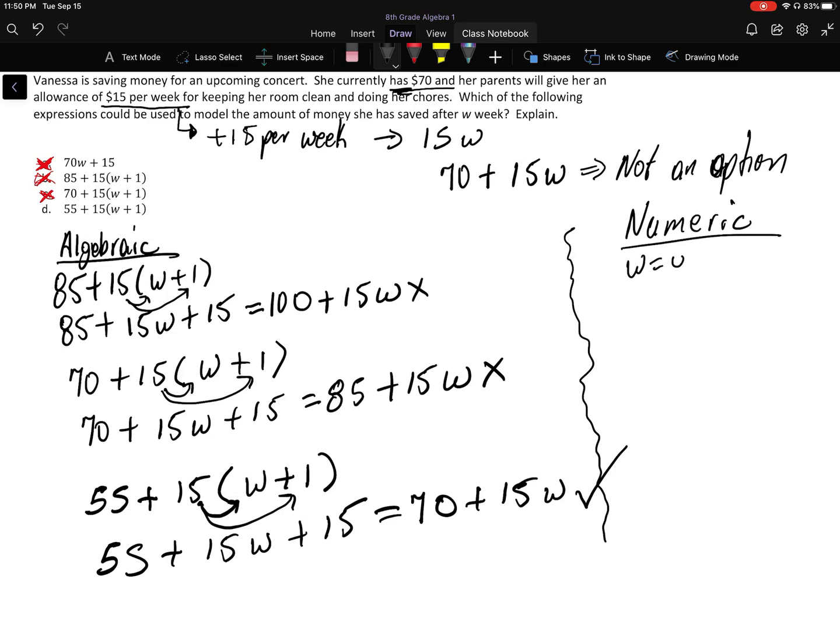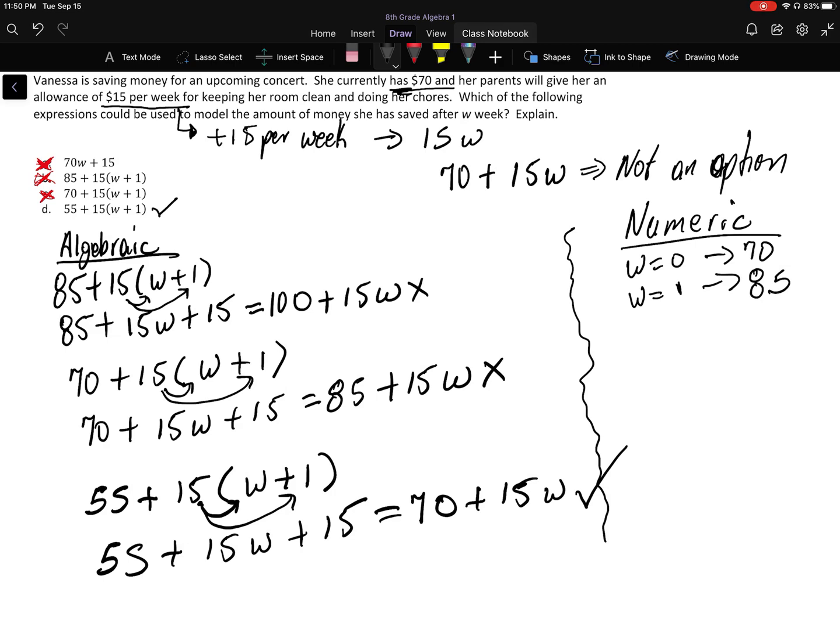When weeks is equal to 0, we had $70. After the first week, you're adding 15 to that 70, so you have 85. I'm going to plug 0 into the equation that we said checks, just to prove that it matches.